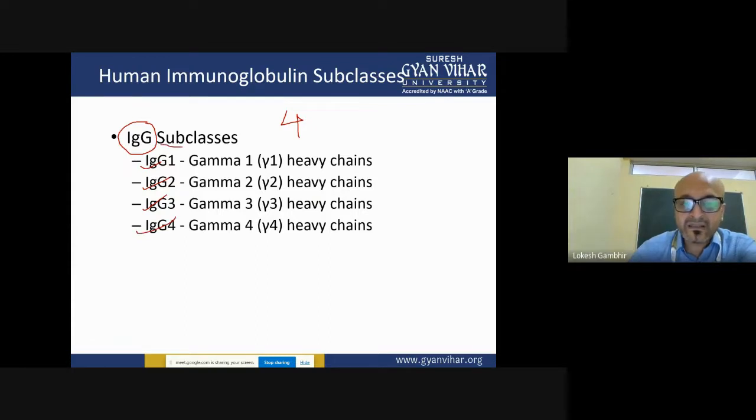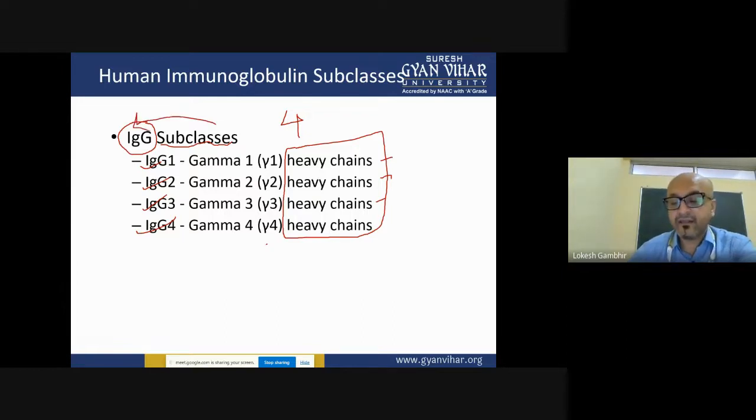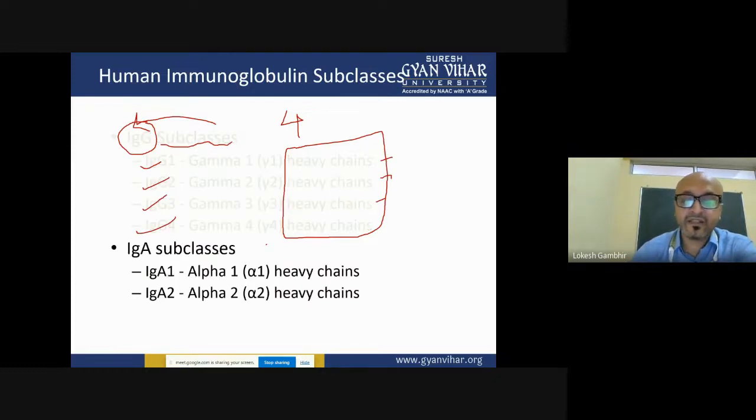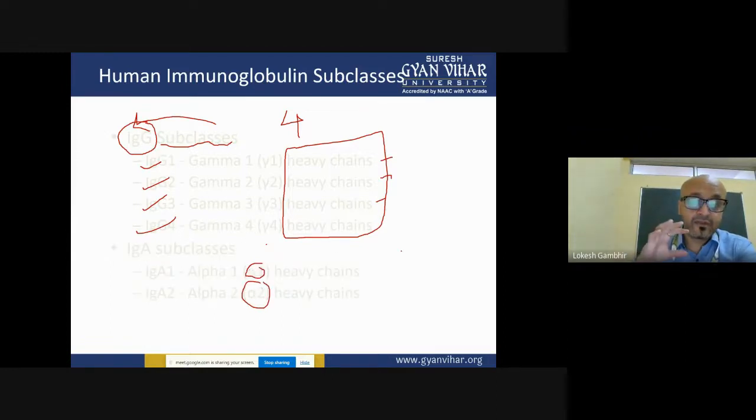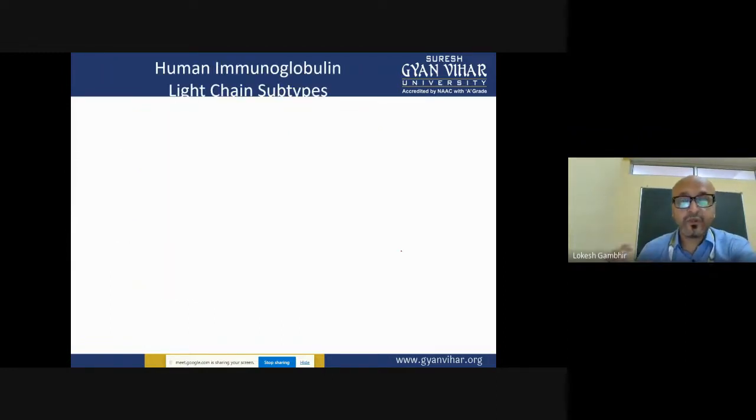Why are these subclasses arising? Because of the heavy chain sequence. When you see the sequences of the heavy chain, there are 4 different types of heavy chains in the IgG category. That's why we call them gamma 1, 2, 3, and 4. And there are 2 different categories of IgA, so we call them alpha 1 and alpha 2. This is the classification of immunoglobulins that you should remember.